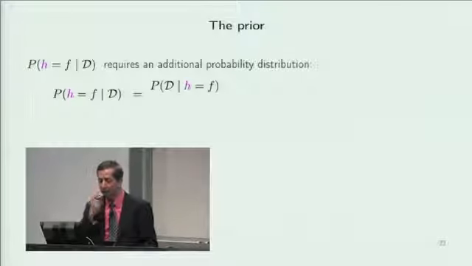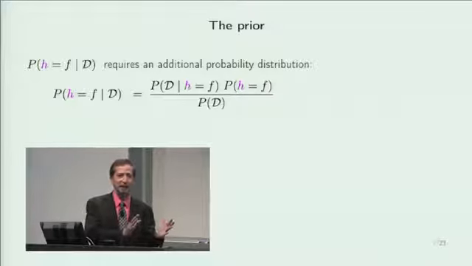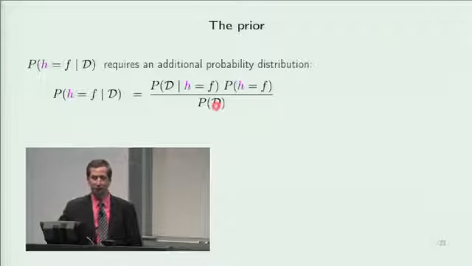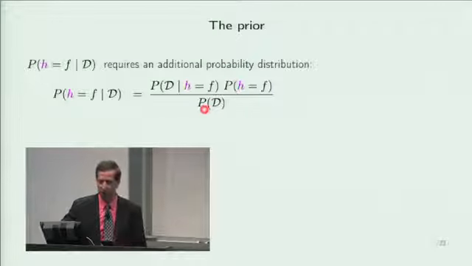The part that we need that is not given is this one, okay? When you multiply them, you get the joint probability distribution, and when you divide by the probability of d, you get the conditional, the other direction which you want, okay? Now, there is no sweat in getting this, because if I have the joint probability distribution, I just integrate out whatever I don't want, and I end up with the marginal. So there is no difficulty in this.